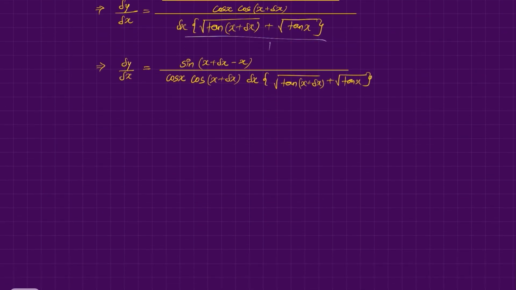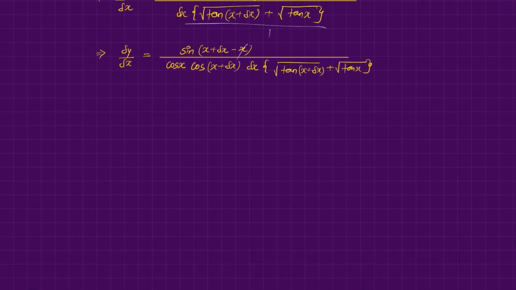Okay, in the numerator this minus x and plus x get cancelled. So now let us put the limit on both sides.